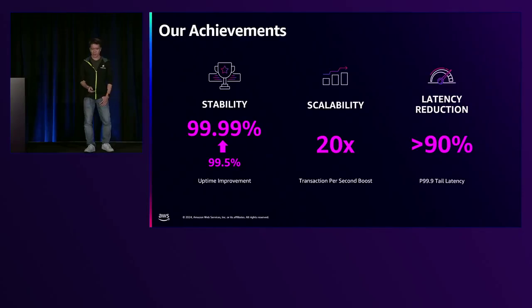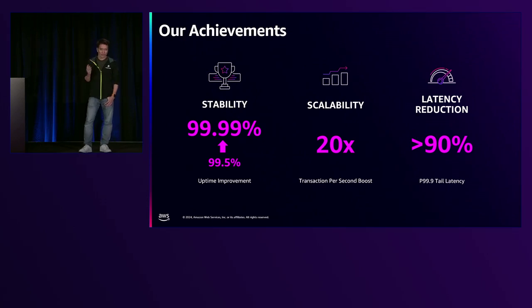Thank you, Russell. With our architecture and the support of AWS, our platform delivers exceptional performance and stability. Our uptime has increased from 99.5% to 99.99%, even as we hit the all-time high for both volume and orders per second record this year.